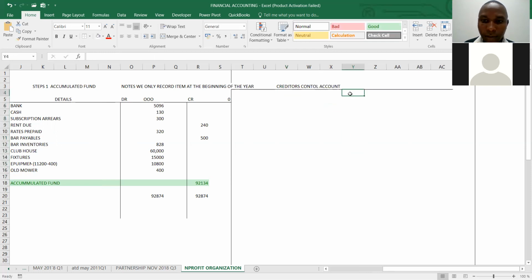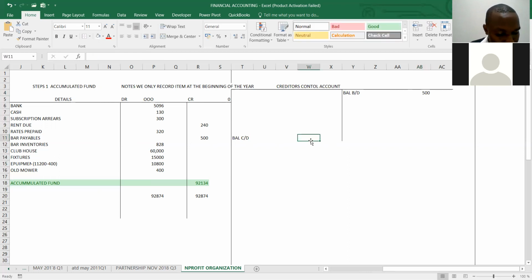So we did that under sales ledger and purchases ledger. We said the balance brought down is on the credit side. So here we have the balance brought down, and you put here the balance carried down. The balance brought down is the opening payables, which we have been given as 500.